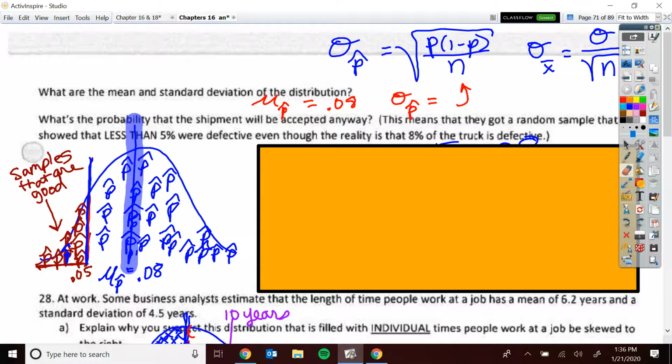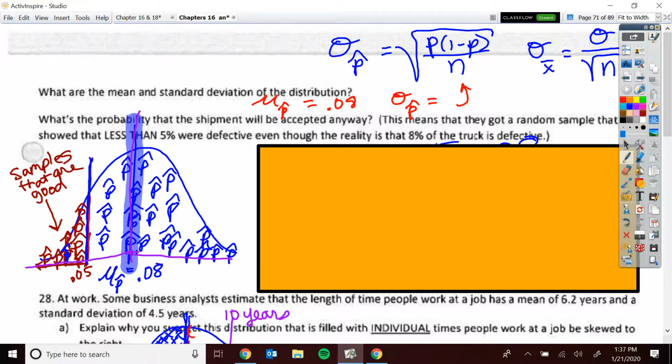Okay, every single p hat is a sample of 150 apples and the proportion of them that are defective. Sometimes more than 8%, and sometimes less than 8%. But on average, because the truckload has 8% defective, most of them will be around 8%.